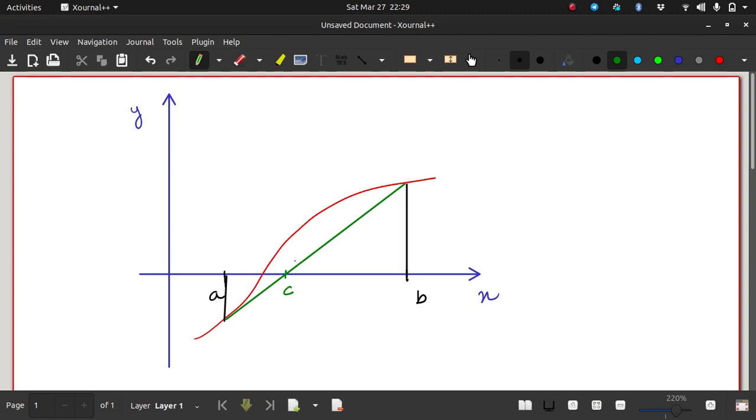So this reduces the number of iterations that the algorithm needs to take, and it is more computationally efficient.